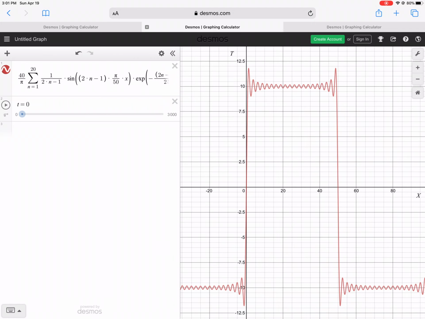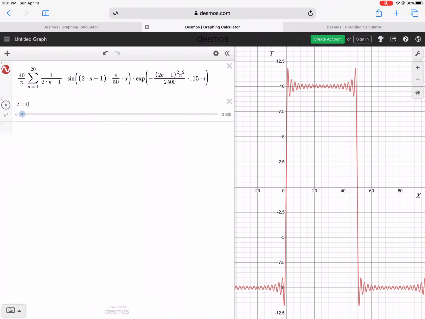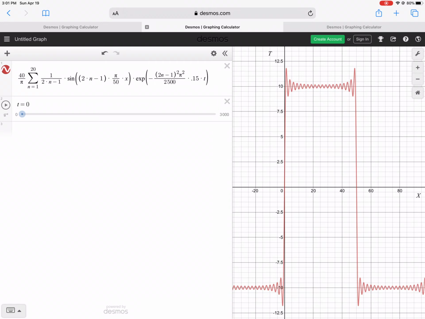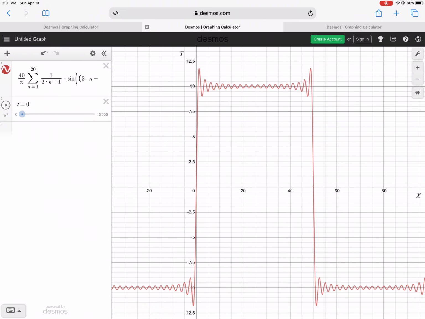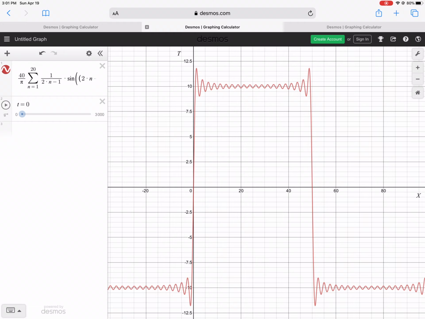I just typed in our solution with k equals 0.15. That was the iron. I have to say it's much harder on an iPad than on a computer to type in the solution. On an iPad, unless I'm missing something, it's kind of like using a graphing calculator.